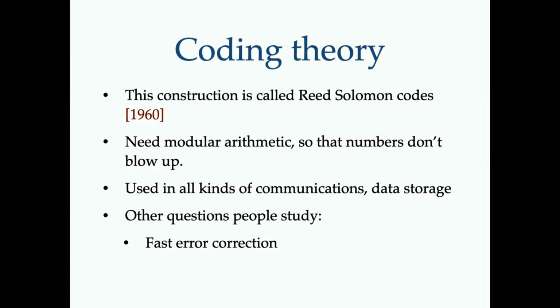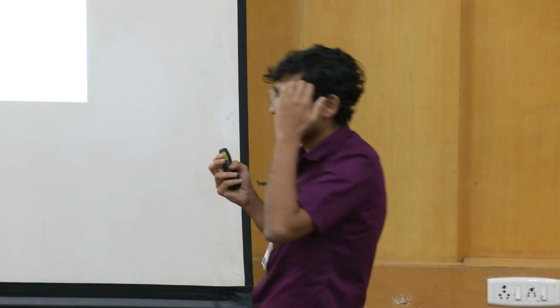This was from 1960, but afterwards people studied many kinds of questions. For example, you want to do all this very fast. That's an obvious question in computer science: whatever you are computing, you want to do it fast. A lot of research went into that. Another challenge was local error correction. What I showed you, you could recover the correct point, but you have to use all the points.